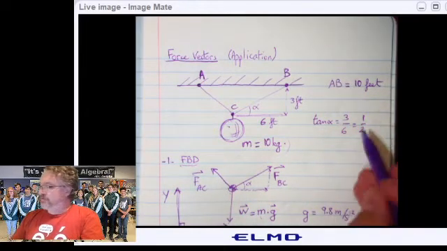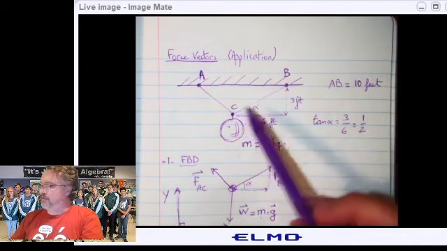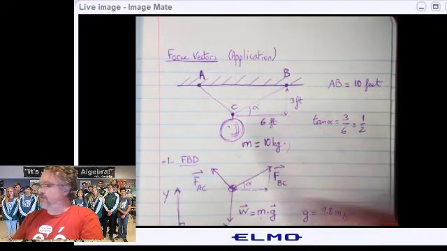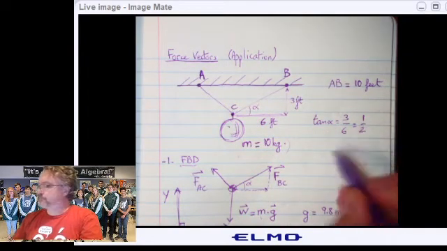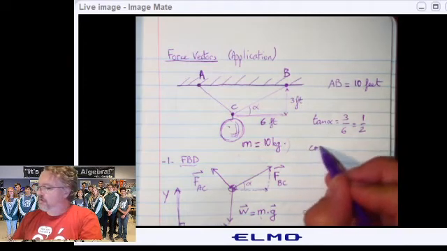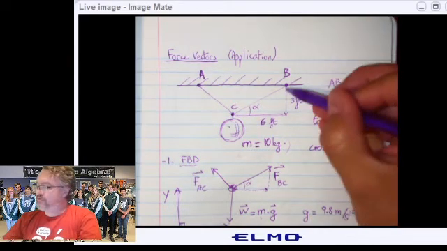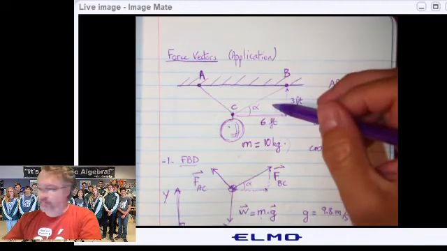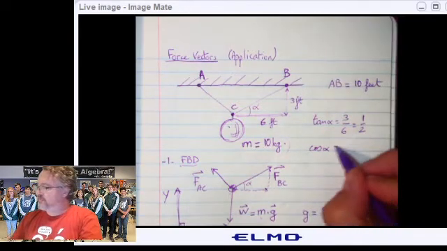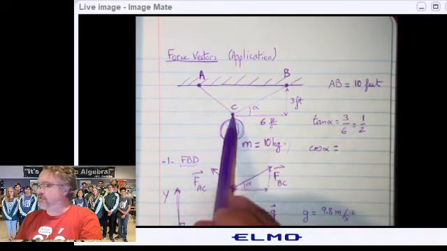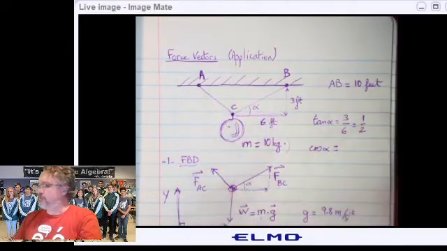Which tells me also that if this is 3 and 6, I can say that this is 1 and 2 as well, which means that the cosine alpha is going to be the adjacent over the hypotenuse.